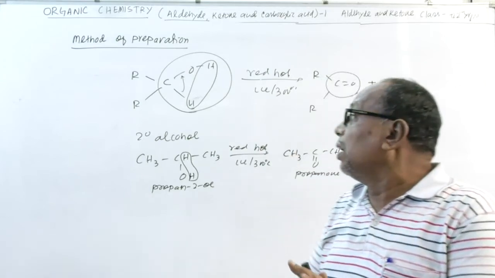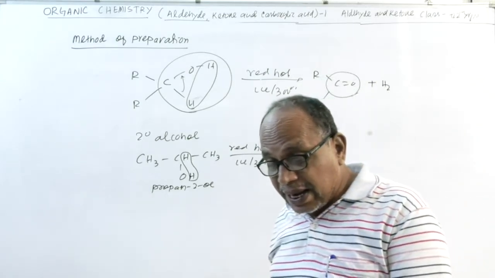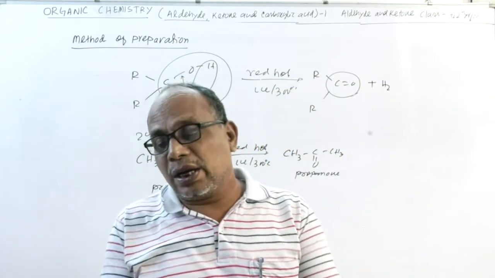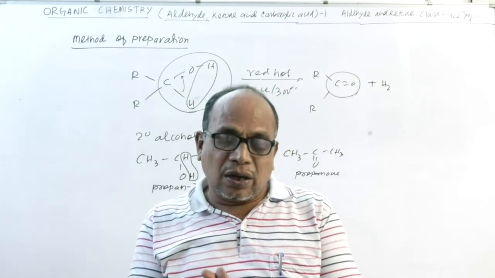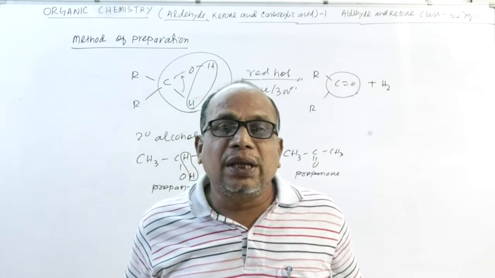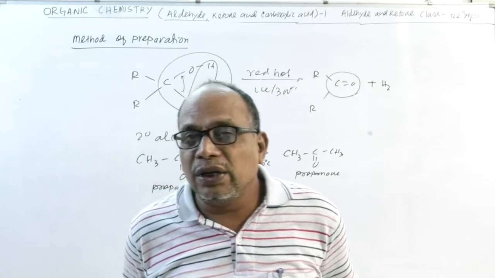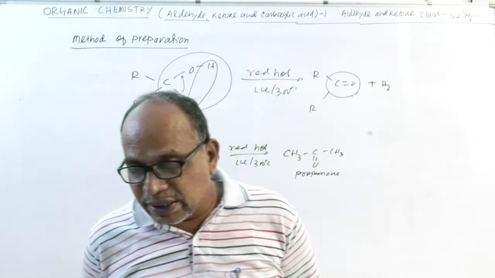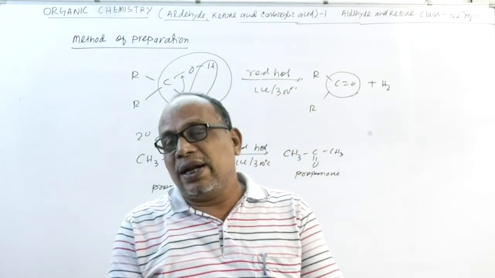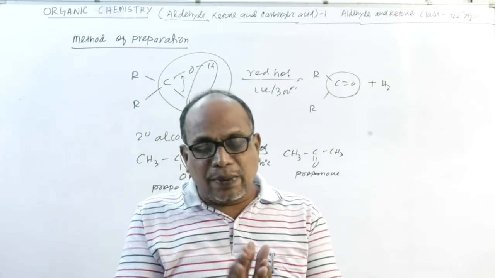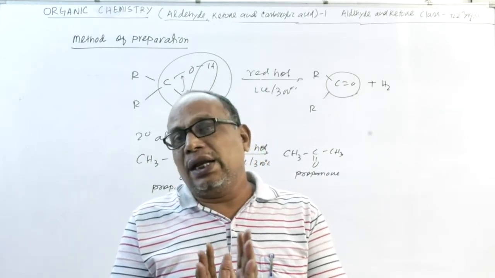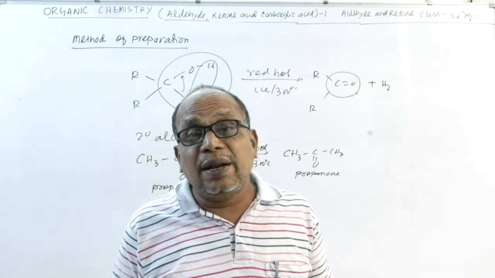Okay, students, these are the methods of preparation of aldehyde and ketone from alcohols. The alcohol gets converted into the aldehyde or ketone by oxidation or dehydrogenation. The primary alcohol gives you an aldehyde and the secondary alcohol gives you a ketone. In today's class we discussed what an aldehyde is, what a ketone is, the functional group, the nomenclature, some isomerism and the nature of the carbonyl group.